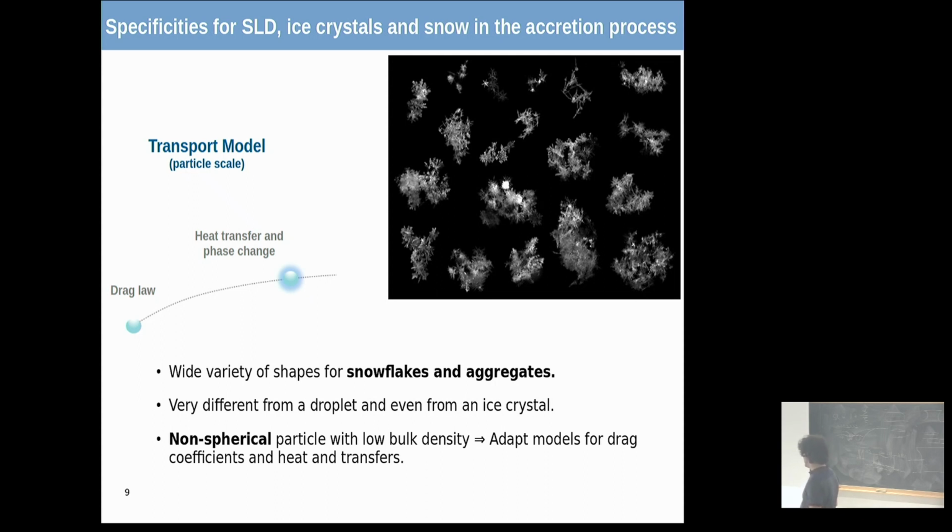And another thing, the density of the particles, which is very difficult to estimate, because when they provide us some pictures of snowflakes, very often we only have 2D pictures. For instance, they say, okay, this is the kind of snowflake we have, give me an estimation of the bulk density.